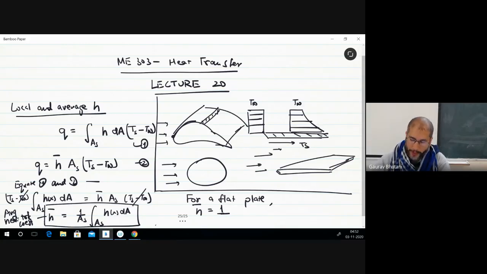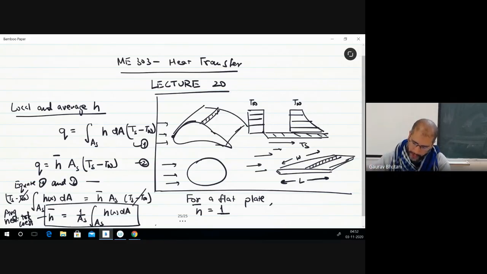So you know that h varies as a function of x. So when I say I want to integrate over the complete surface area, let's say this is L. So your differential areas are whatever the width of the plate is times dx.